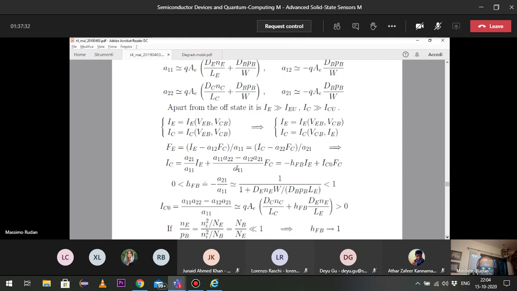It must be a current because FC is a pure number. We call it IC0. Why is it called IC0? Because if you look at this formula, IC is equal to minus HFB IE plus IC0 FC.